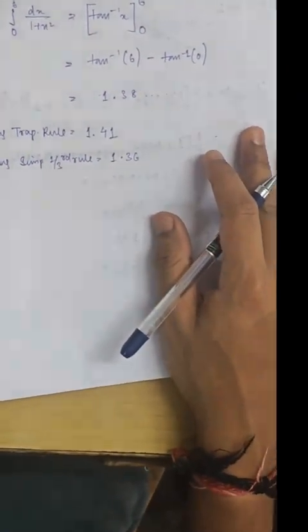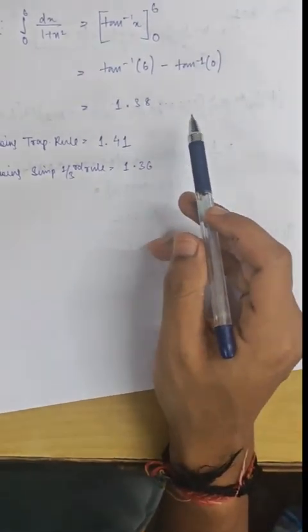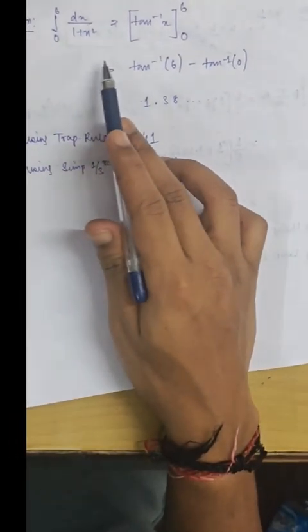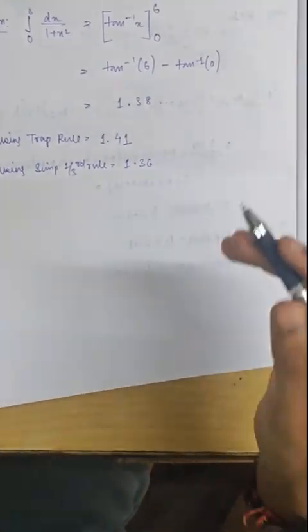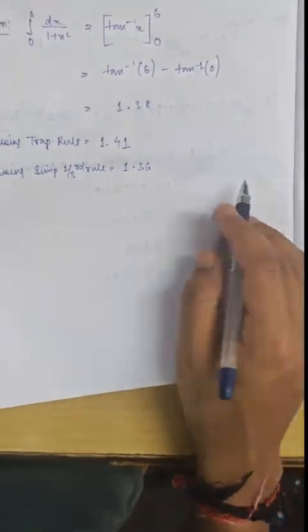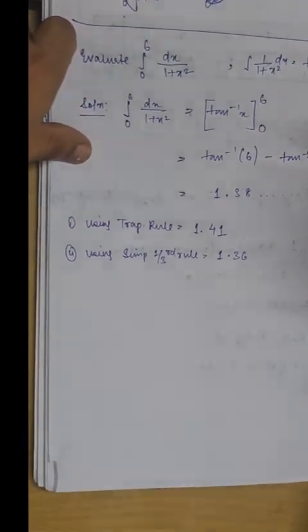So as you can see, Simpson's one-third rule gives a more accurate value, which is near to the original value we got from solving using the traditional method. As we go further and further, with Simpson's 3/8 rule or the 5 upon 12th rule, we get closer to our answer.